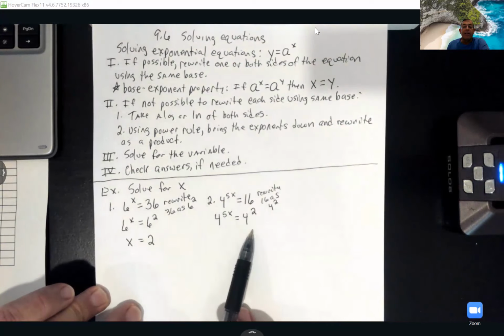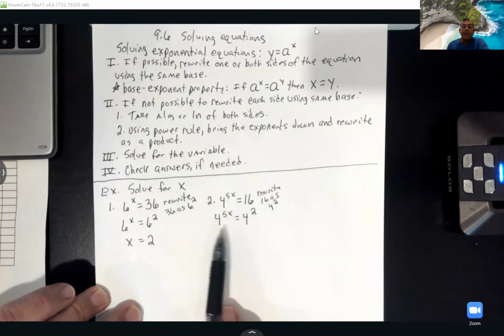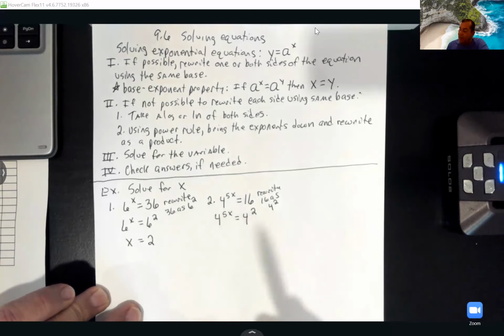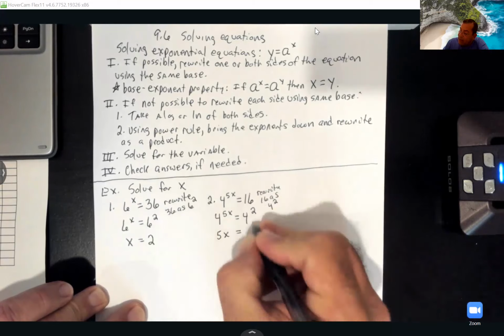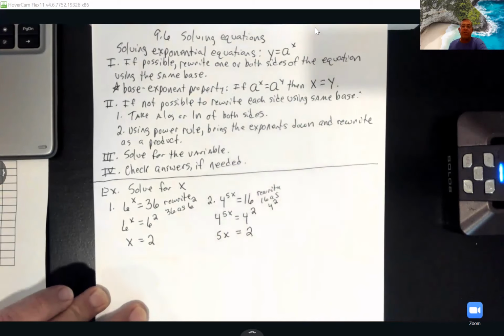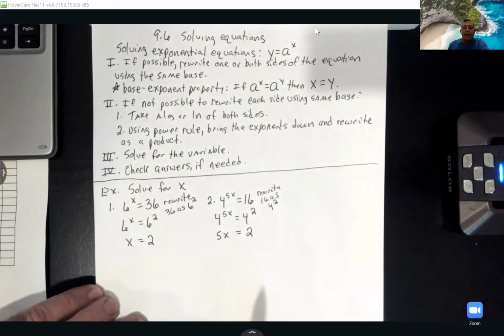All right, notice this. I now have bases that match on each side. So since these bases match up, that means my exponents have to be equal. So this 5x has to equal that 2. All right, so on this one, we actually got to solve it now.